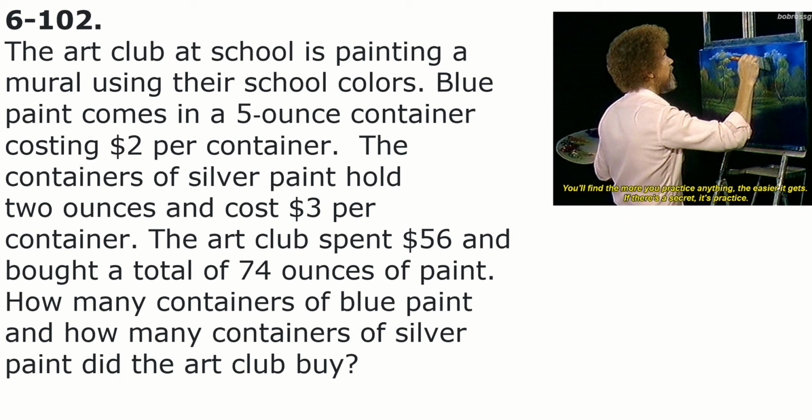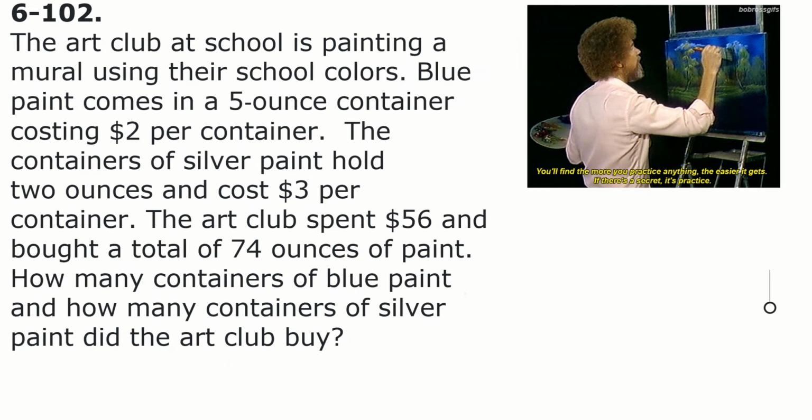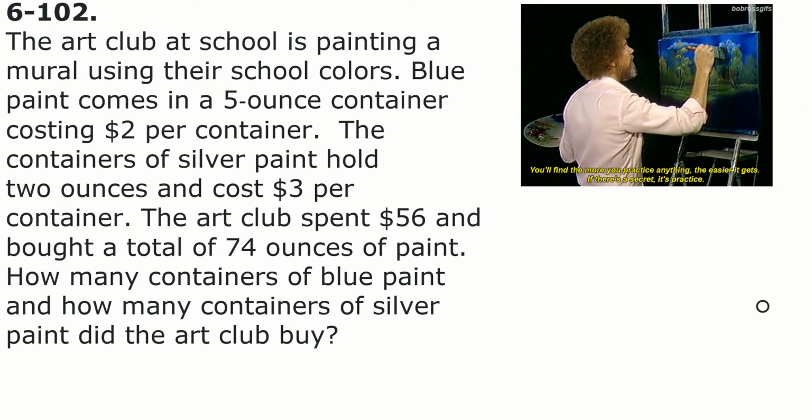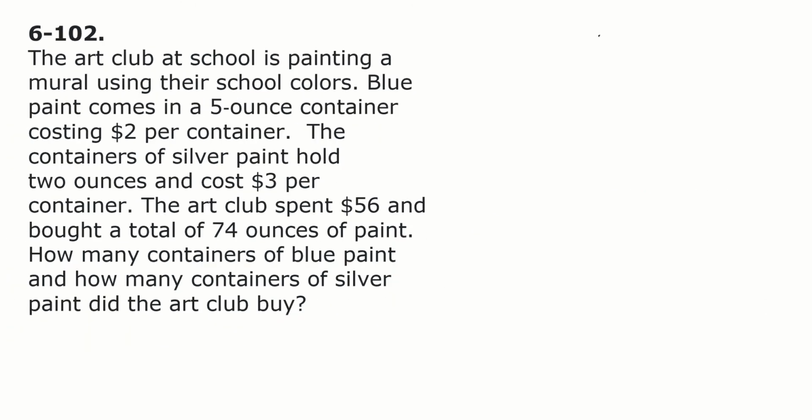So when I read that and I hear it, I think, okay, there's 2 equations there. One is going to capture the number of ounces of paint, and the other one's going to capture the cost of the paints. And I need to define some variables, so let's start with that. And for my let statement, I'm going to probably use the variable b first.